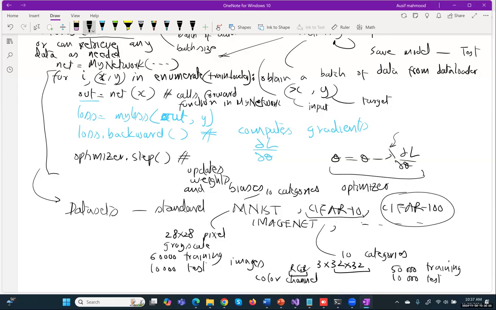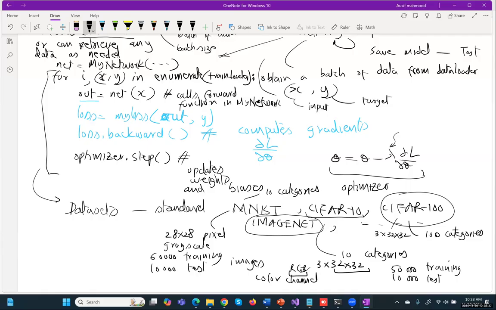CIFAR100 is similar to CIFAR10. Here we have 100 categories. So as you can see, this is a slightly more difficult data set, but it is still the same 3 by 32 by 32.